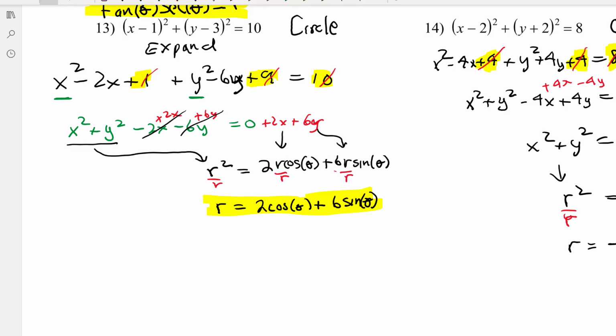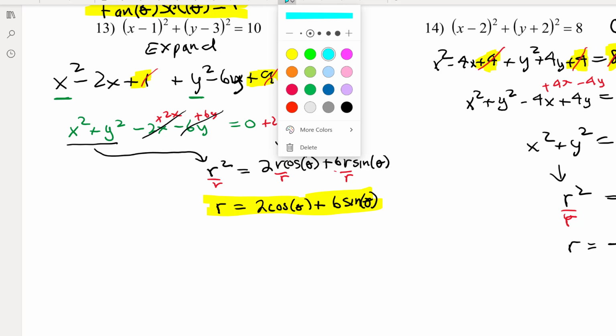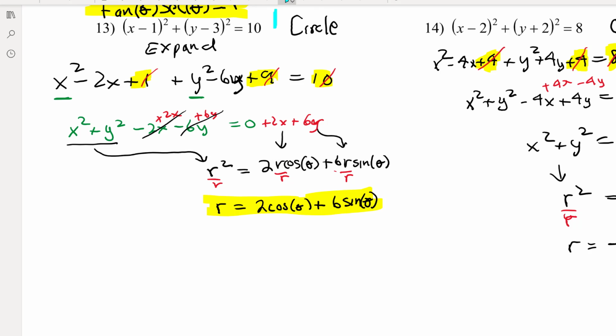Okay, the ones where you have a circle, ellipse, hyperbola, a little bit more difficult, but just pay attention to the details, and I'll go ahead and try to take this kind of slow. So we have x minus 1 squared plus y minus 3 squared is equal to 10. So that could be converted right there to r cosine, but then you've got it in this binomial and you have to square it.